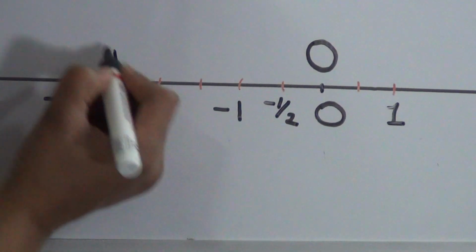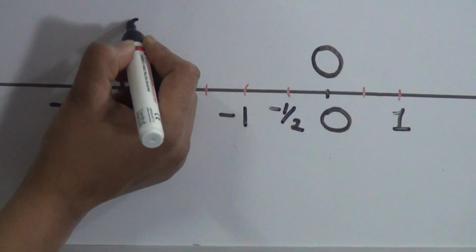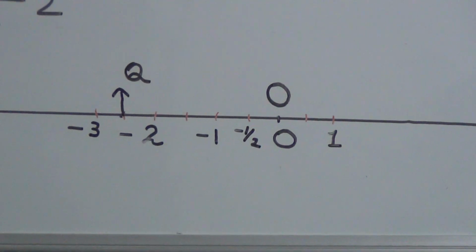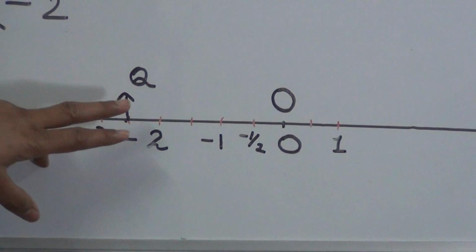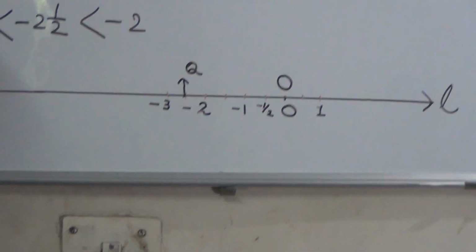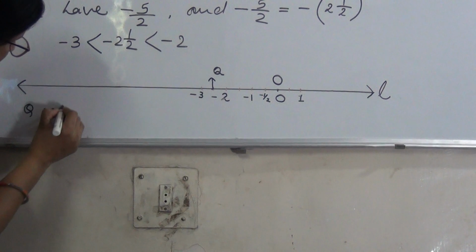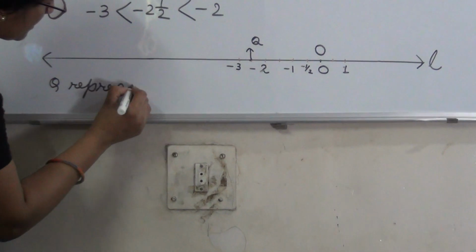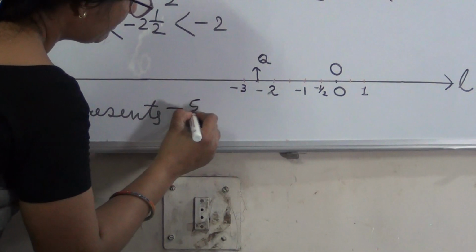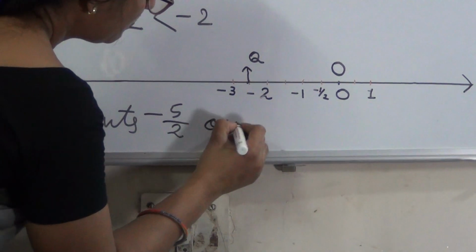So let us put the mark. Here we can write Q. So this point Q is equal to -5 by 2. So we can write Q represents -5 by 2 on the number line.